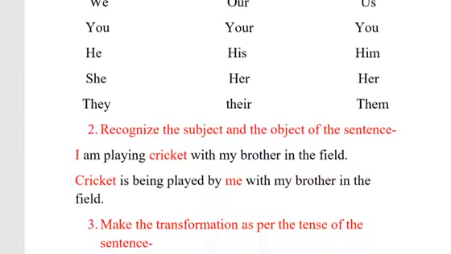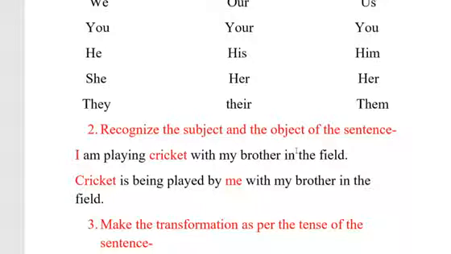Now the second rule is to recognize the subject and the object of the sentence. Yes, one has to recognize the subject. Here in the sentence, I'm playing cricket with my brother in the field, I is the subject and cricket is the object. The rest of the material, with my brother in the field, is unnecessarily added information of the sentence.